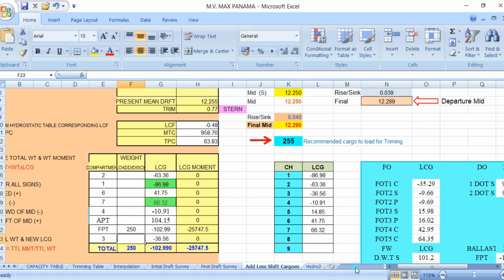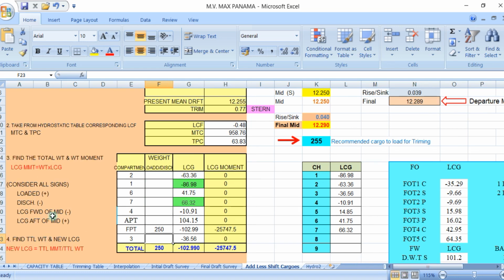Positive, because if you load cargo, it should be positive, so it will be 250 positive. And the LCG of the forepeak tank is negative 102.9. So we can see the LCG of the forepeak.